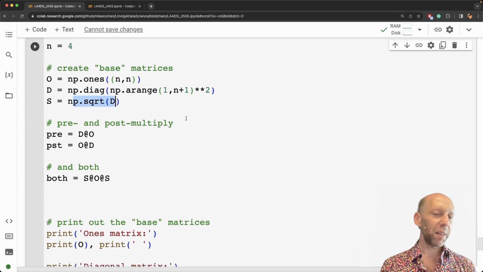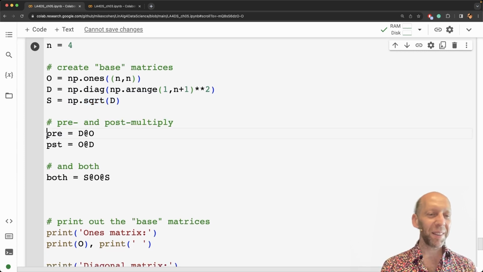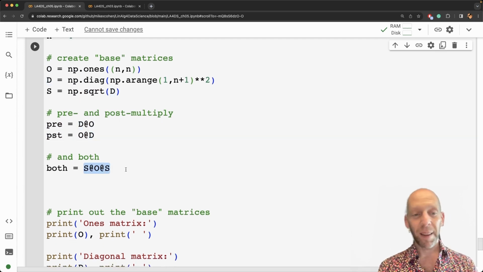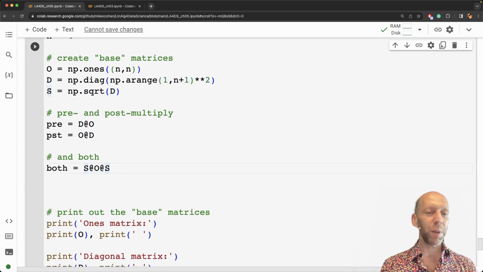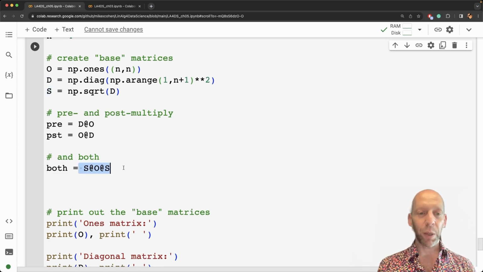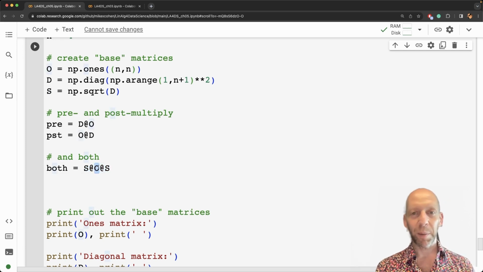Okay, so then the code is pretty straightforward. Here's the matrix I call pre, so the diagonal times the ones matrix, and then post is the ones matrix times the diagonal. And then we have both, that's SOS. So we have the square root of that matrix pre-multiplying and post-multiplying exactly the same matrix before and after. We call this like a target matrix.